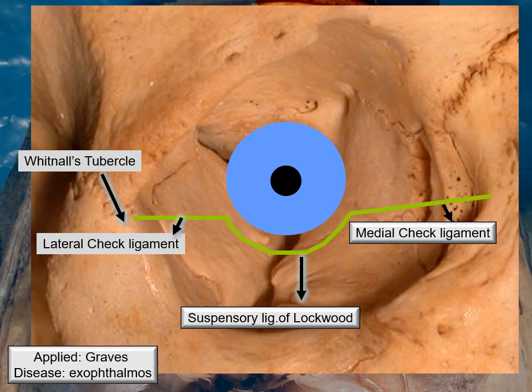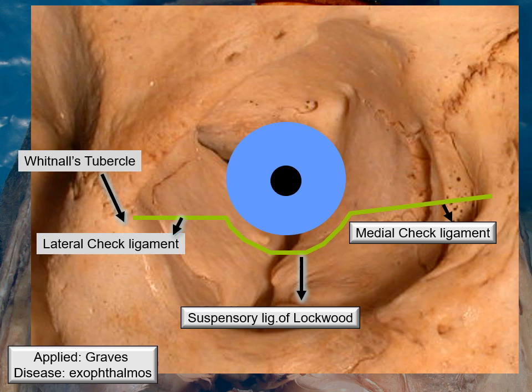It has a medial extension called the medial check ligament and a lateral extension called the lateral check ligament. The lateral check ligament ends at Whitnall's tubercle. Posteriorly, this suspensory ligament extends as fascial sheaths around the muscles, and then it is conveyed towards the base of the orbit, where it fuses with the perimysium of the respective muscles.